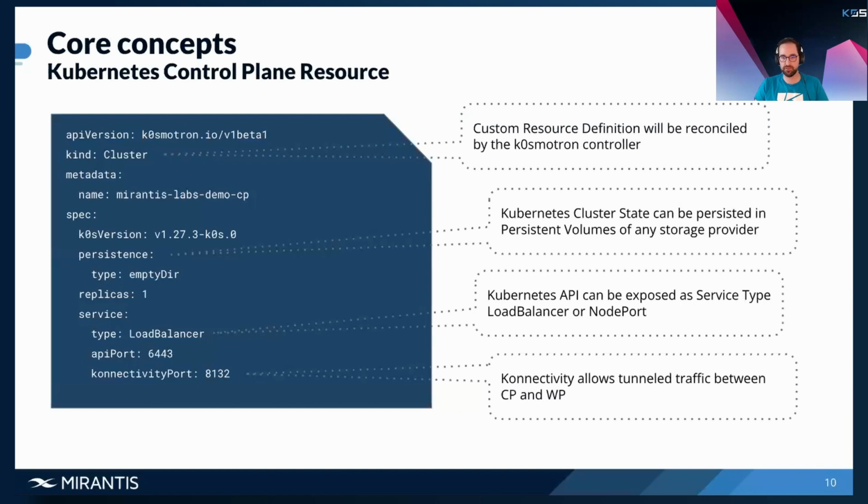So that is up to you. And as it says here too, the connectivity agent or connectivity allows tunneling traffic between control plane and the worker plane. So you don't need to open a bunch of ports. You can open just one, and it will communicate securely, tunneled, and encrypted through connectivity.